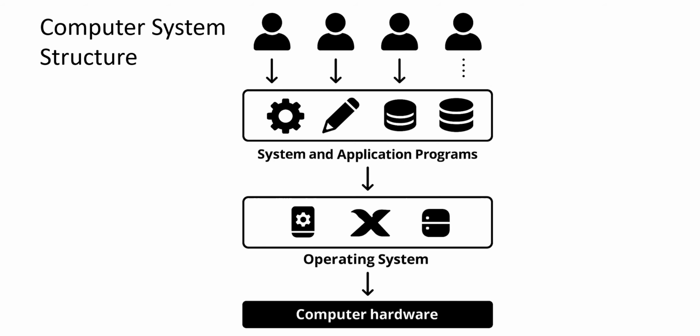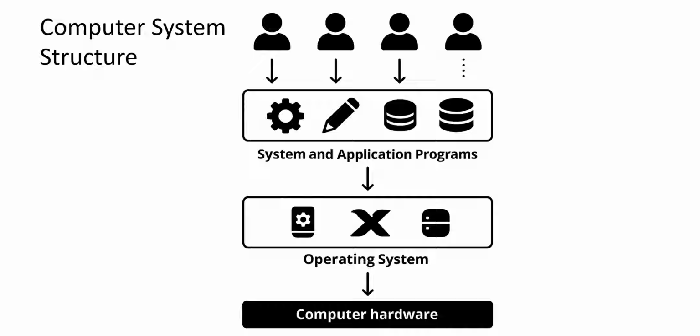Let's zoom out and look at the computer system as a set of layers. At the very top, we have users. This could be one person or many, shown here as user 1, user 2, user 3, and so on. Below the users is a layer of system and application programs, things like text editors and data-related tools. Below that sits the operating system itself, the layer that actually manages everything happening above it.